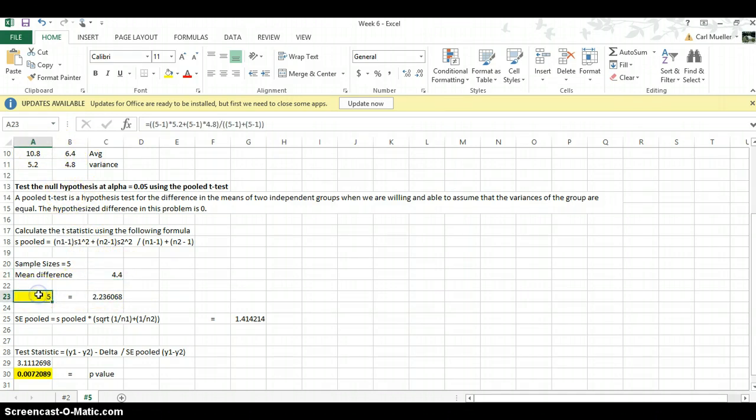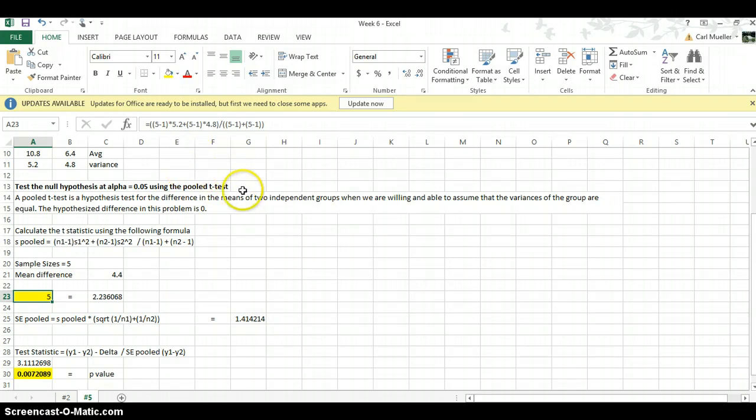And here we go, we're calculating our S pooled. As you can see up here, it's quite a few numbers when you think about it. 5 minus 1 times 5.2. We're using the variance, remember? This is y1, y2, multiplied by s1 squared.